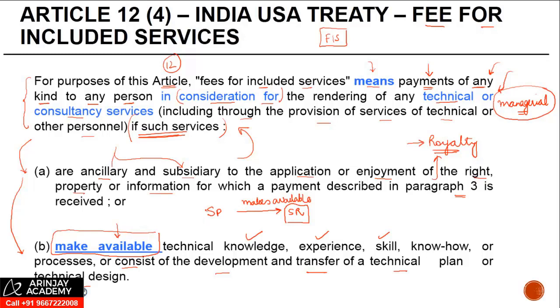While we are going to see the technical definition, what this means is that if X, the service provider, provides the services to Y, if the mode of service is such that he enables Y to himself perform these services next time around, it is said that he has made available the technical knowledge etc. to Y, right? Or consist of development and transfer of a technical plan or a technical design. We'll see an example for this as well.